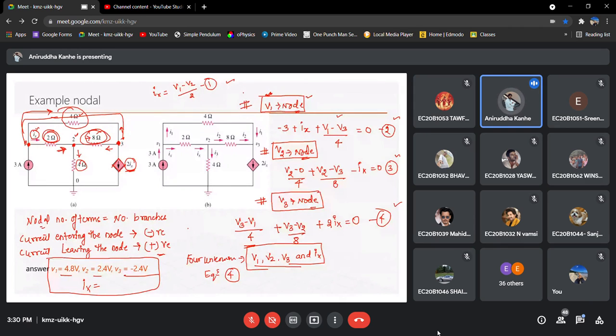Try to solve this question on your own, and in case you are facing any doubt or trouble, you can always ask me. Such kinds of questions are there in your book also. Please refer to the book for similar questions. In the next class, we will see some further examples with respect to nodal and loop analysis. And then we will go to what is called a super node and super mesh or super loop.